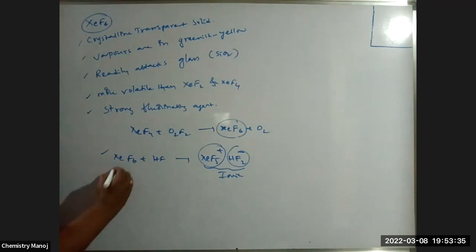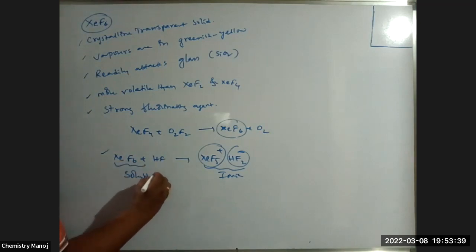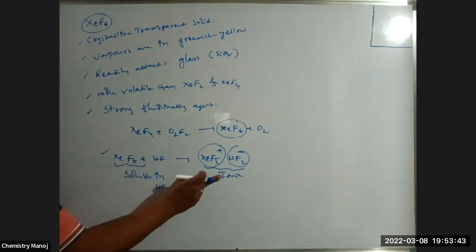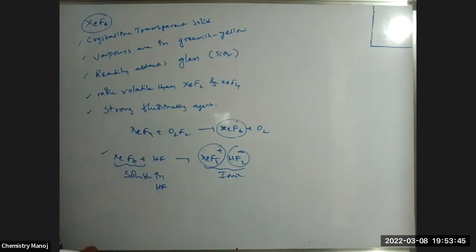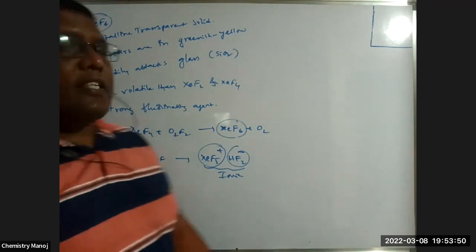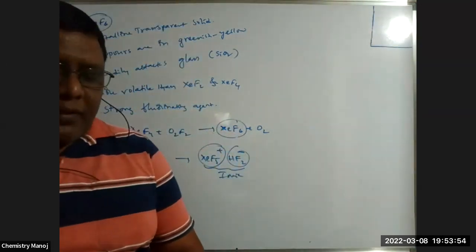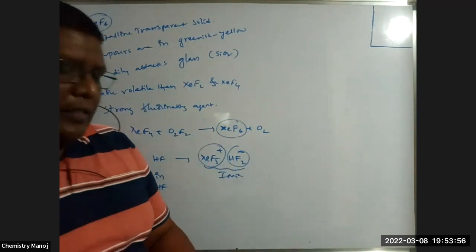Because of this, XeF6 is soluble in HF, due to the formation of the ionic compound with HF. Next, the hydrolysis reaction is also very, very important. Let us observe the hydrolysis reaction. It has been asked a number of times, my dear.